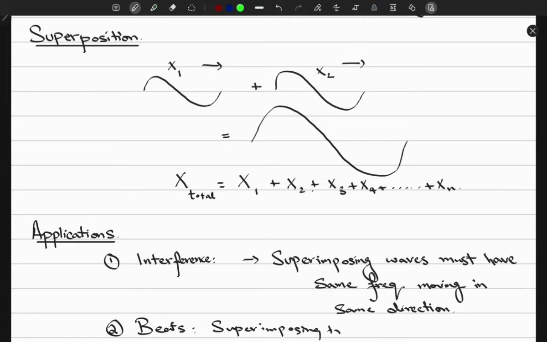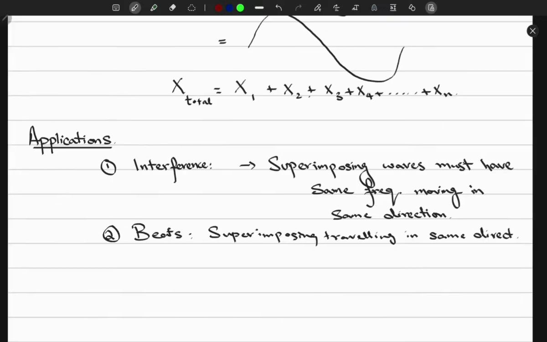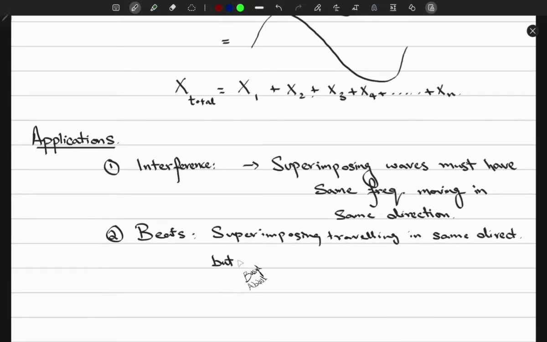They are traveling in the same direction, but their frequencies are slightly different. When this happens, we call this thing that we are producing beats.